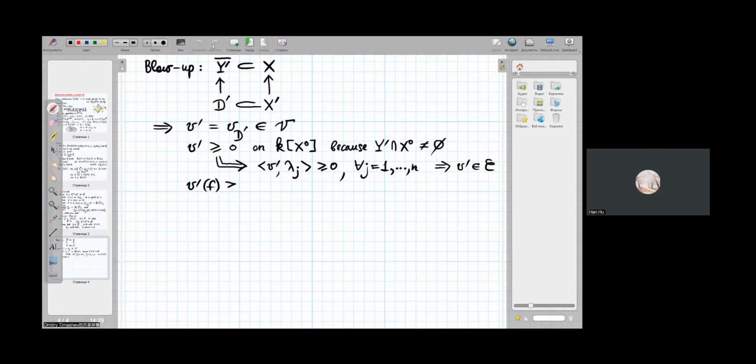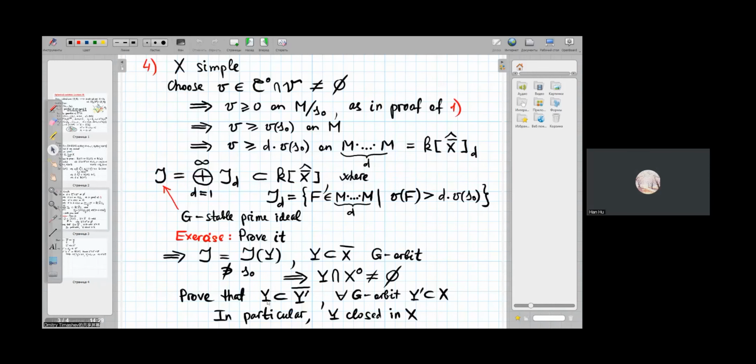And now, let us prove this inclusion by contradiction. So assume that this doesn't hold.